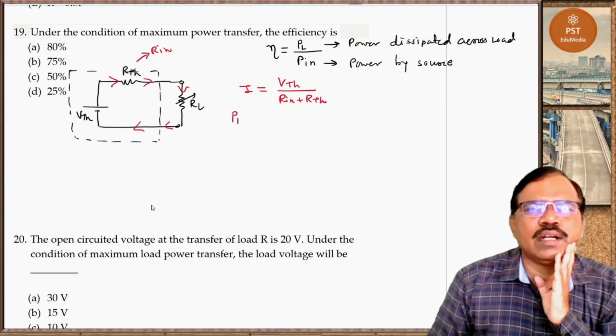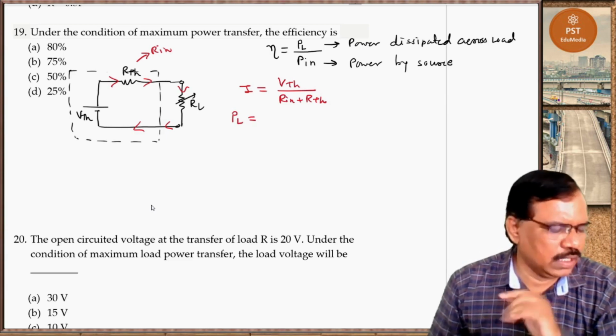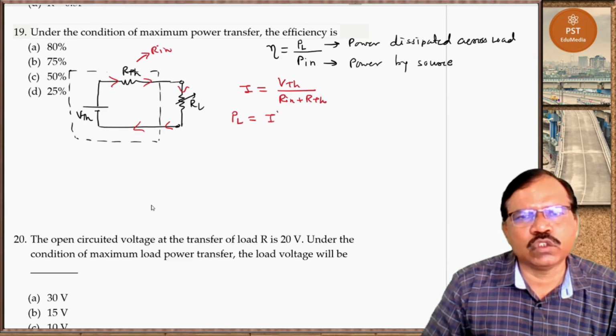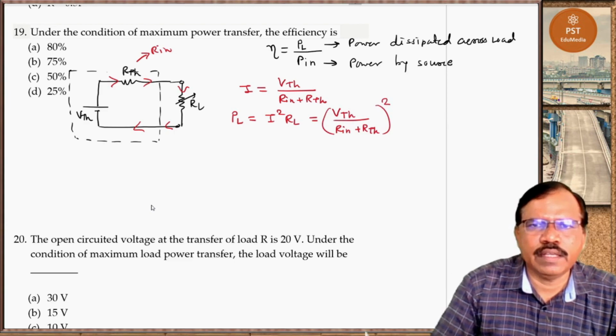So power dissipated across load resistance, or power given to load resistance, PL is equal to I square RL. I square means VTH upon Rin plus RTH, squared, into RL.